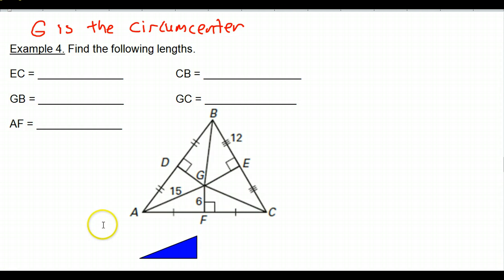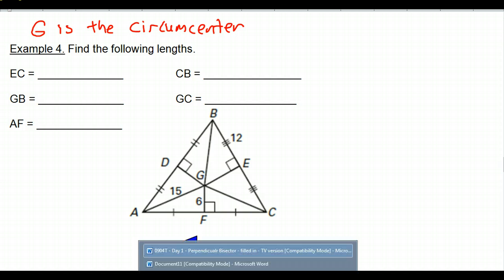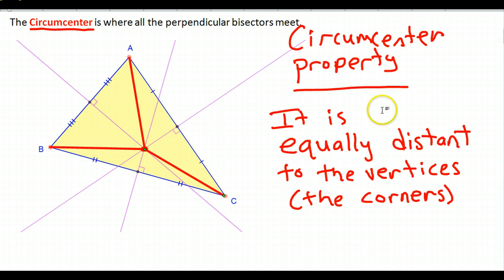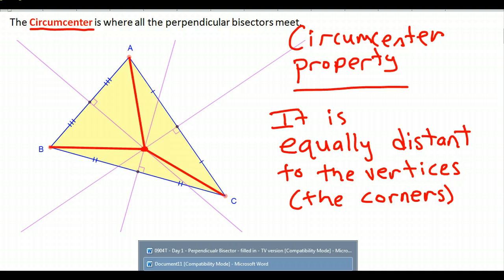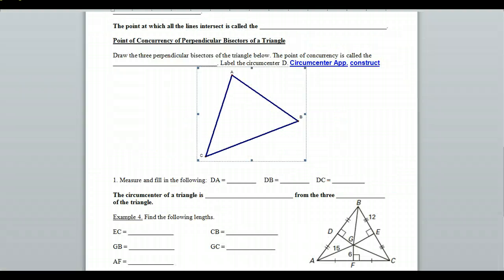Now, what is the special property of a circumcenter? Let's see, can I look back? The special property of a circumcenter is it is equally distant to the vertices. That means the length from the circumcenter to each vertex, each corner of the triangle, should be the same. So let's apply this to example 4 here.